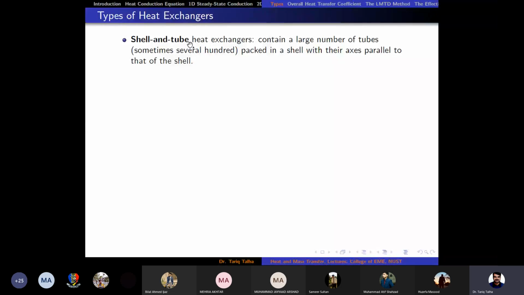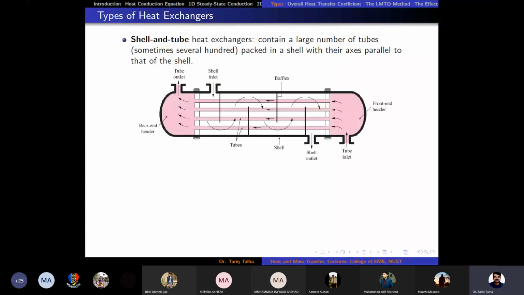Shell and tube heat exchanger. So it contains a large number of tubes, as we discussed in the case of that double pipe heat exchanger. And then I also discussed about the function of baffle. So you can see here that these vertical black lines here, 2, 3, they are baffles.